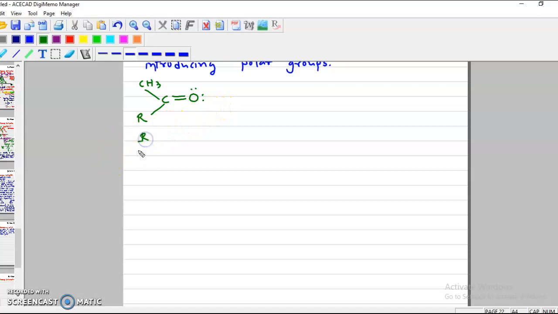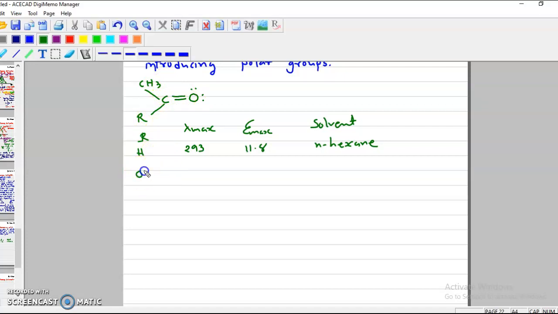If R is equal to H, lambda maxima would be 293 nanometer, epsilon maxima would be 11.8. That means it has low intensity. Here the solvent can be normal hexane. This is about aldehyde, because when R is equal to H, it becomes an acetaldehyde group.